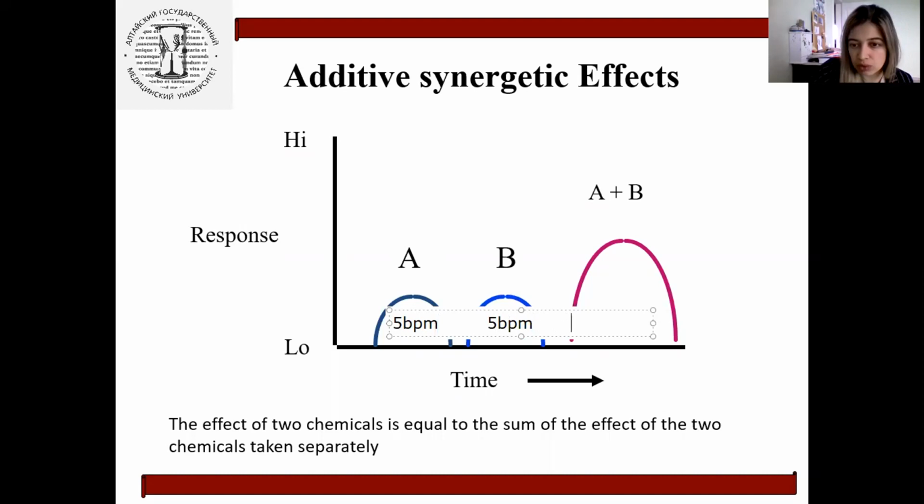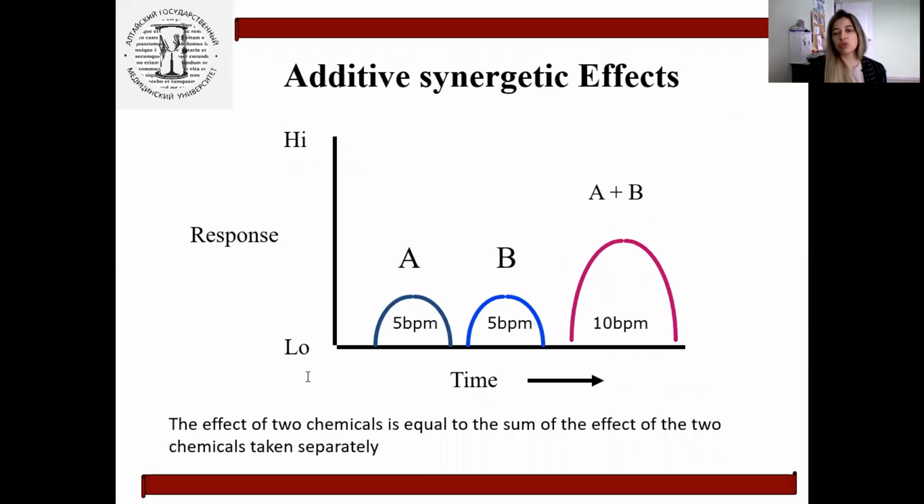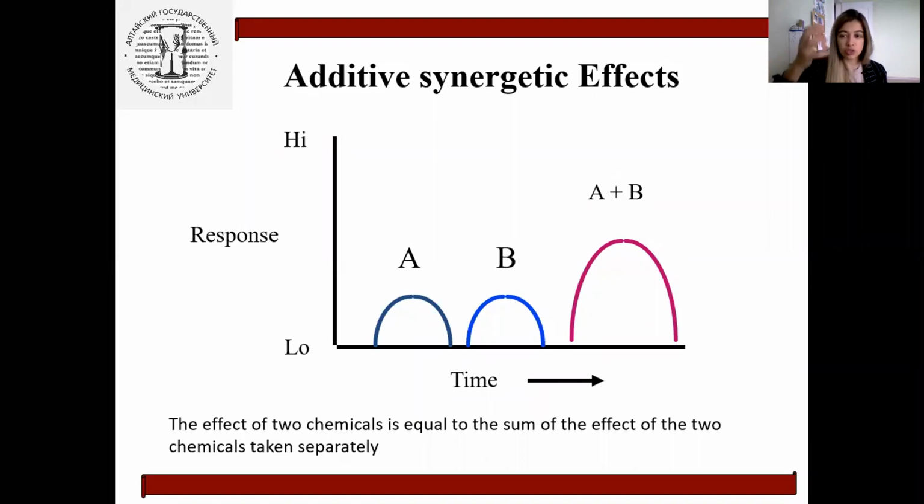And when we use the two together, we have 10 beats per minute. If such a situation is observed, 5 plus 5 will be 10, then we call it an additive synergic effect. Okay, but this is not the only synergism that can be seen. Synergism, that means synergic, they help each other, yes.